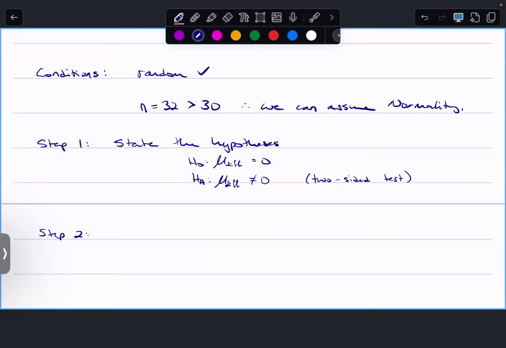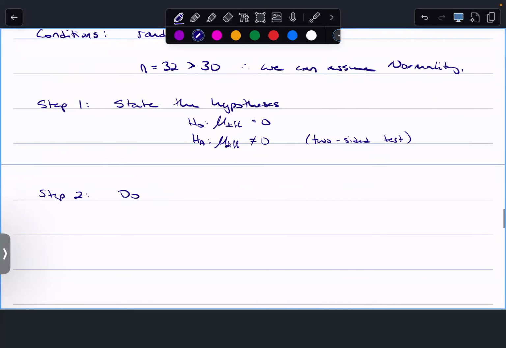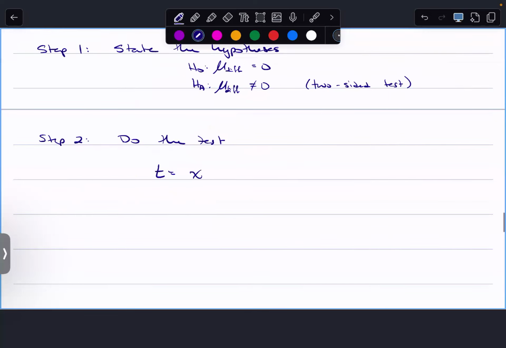Step 2, do the test. Calculate the test statistic, but that's so boring. From your formula sheet, we know that t is x bar of the differences minus mu diff, divided by s diff divided by the root of n diff.